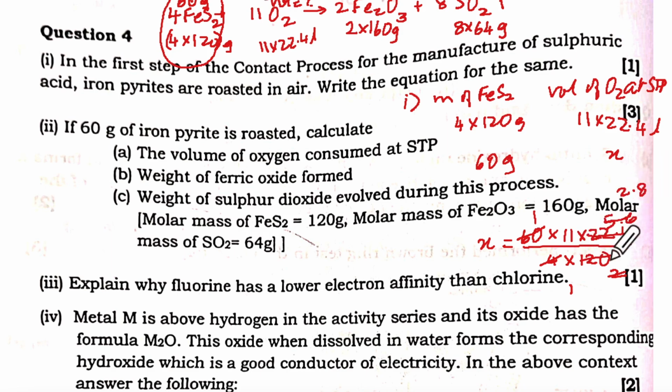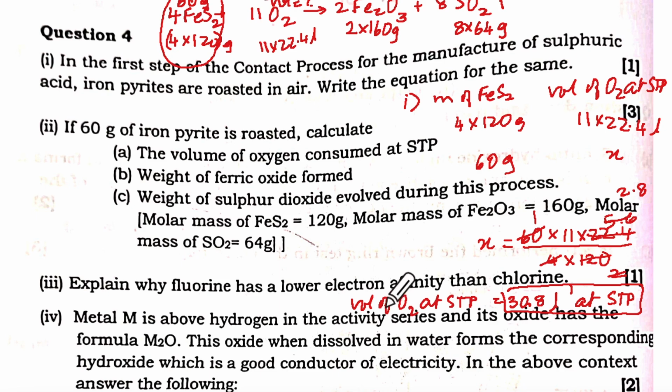Now 2.8 into 11 will be 8 here, 0 here and 3 here, correct? So it will be 30.8 liters at STP. And here you will say volume of O2 at STP. Understood how to proceed with this?